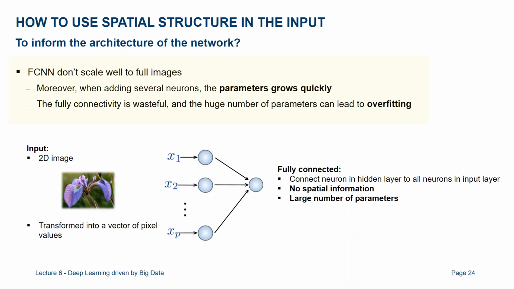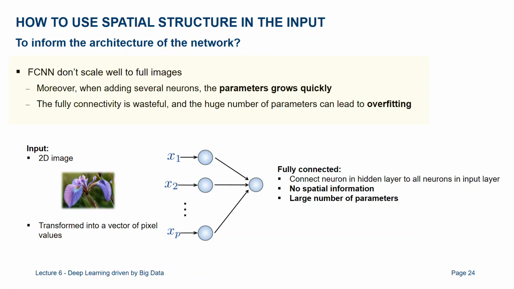Because as you can see here, if you have an input image like this one, what you should do is transform it into a vector. And while you do that, what happens is that you lose the spatial information, right? Because at the end you make it a vector.